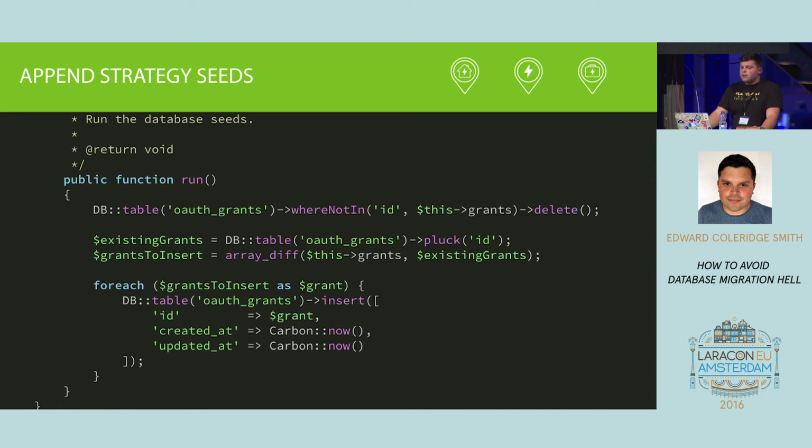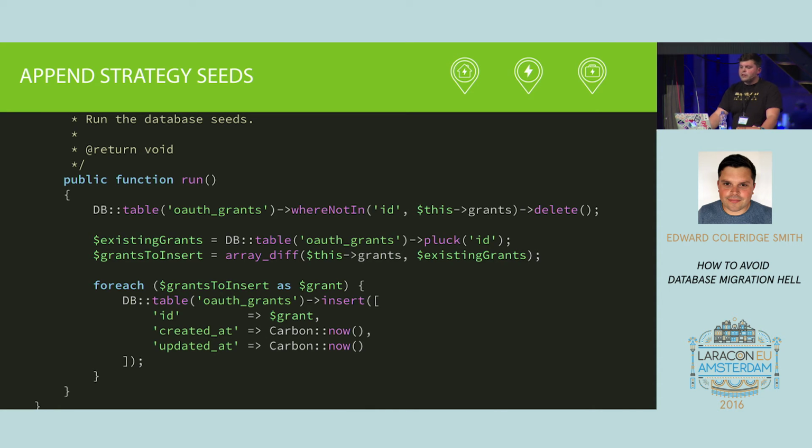So we're going to use the query builder to select and delete the grants which are not in the array that was specified by this class. That deletes out the grants that we no longer need, if there are any. Then we're going to select the grants that are remaining in the database and pluck their ID.